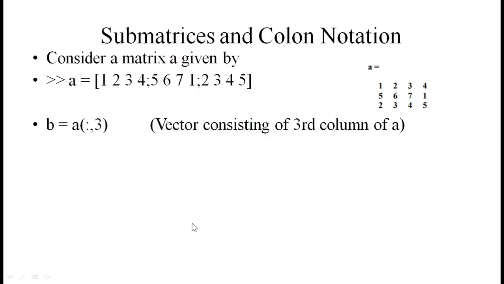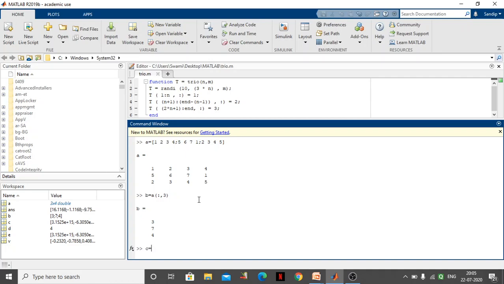Similarly, we can have another operation, that is C equals the third row of A. So this is the third row. We should select these elements, 2 3 4 5, for the further calculations. Then how can it be selected? In this way, the colon will be shifted to this position, and we select the third row of A. So here you can see C equals A, round bracket, 3 comma colon.